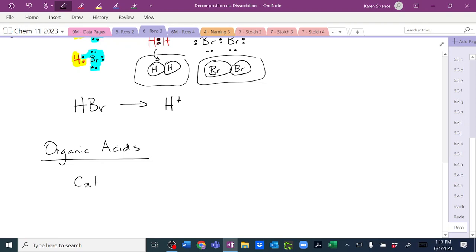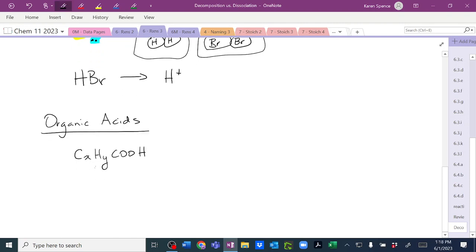C something, H something, COOH becomes C something, H something, COO, and then we have the H. So when this dissociates, it is this hydrogen that comes off as H+.